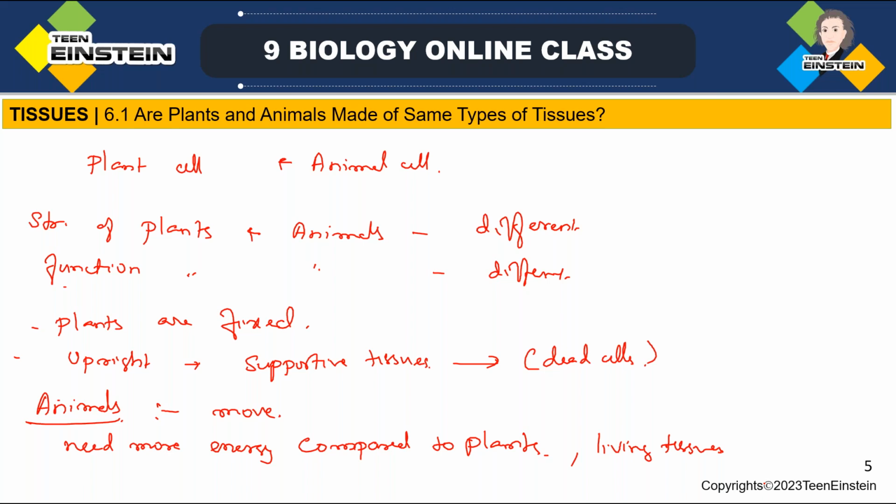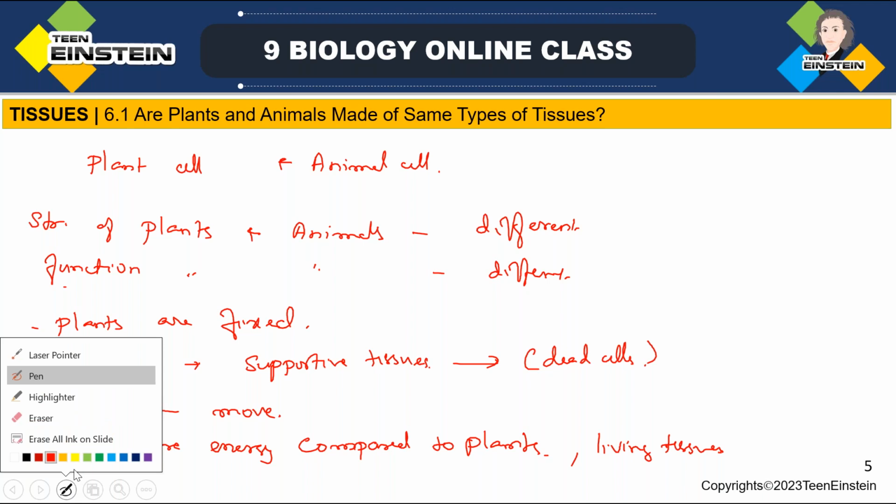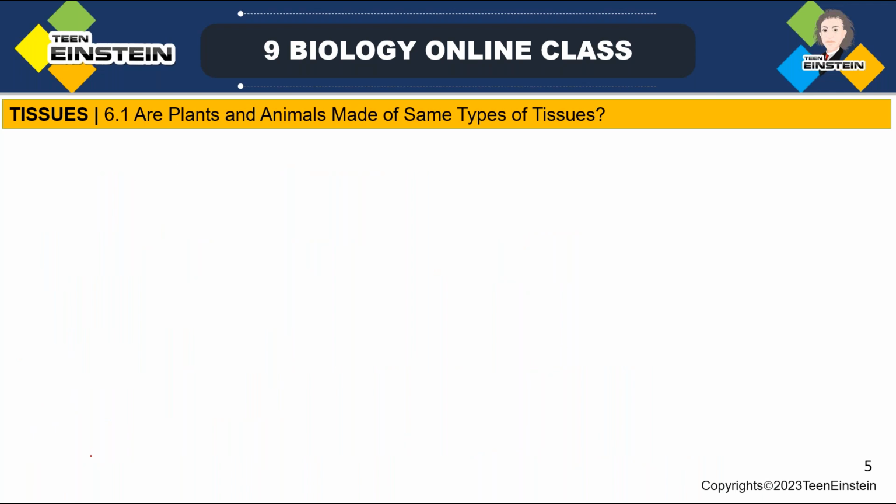Then another difference between animals and plants. Let's see the other difference between plants and animals, that is the pattern of growth in plants and animals. So, the pattern of growth between plants and animals.